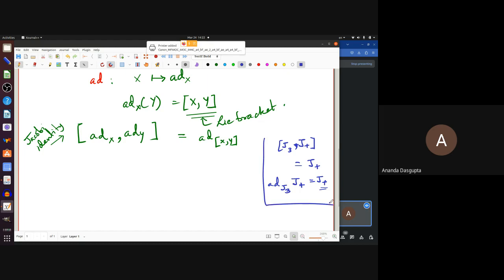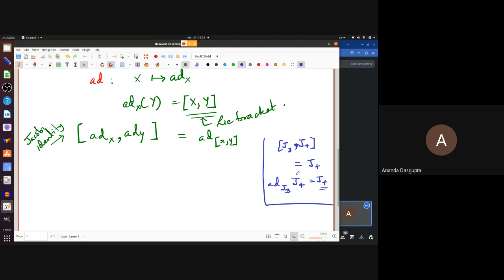Now, when you write it like this, it looks obviously like an eigenvalue equation, right? And it is an eigenvalue equation. So all these ladder operators, etc., that we have been using basically are eigenvectors of the adjoint operator in some sense. Okay, so it's obvious that we will be using this over and over again.